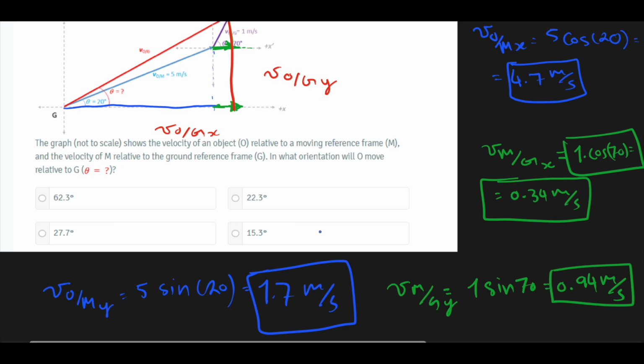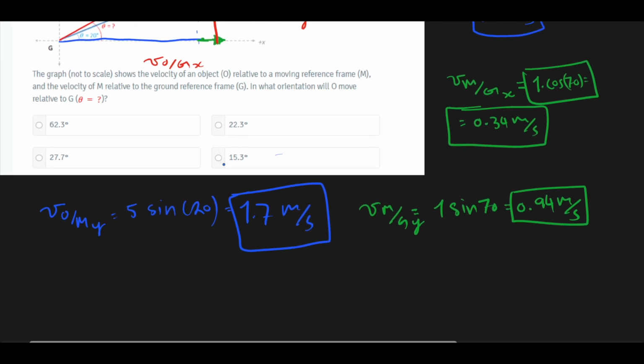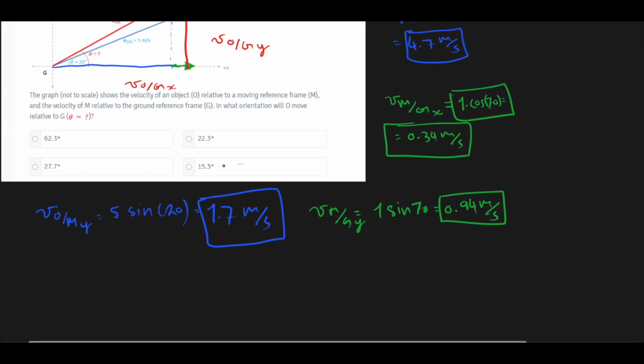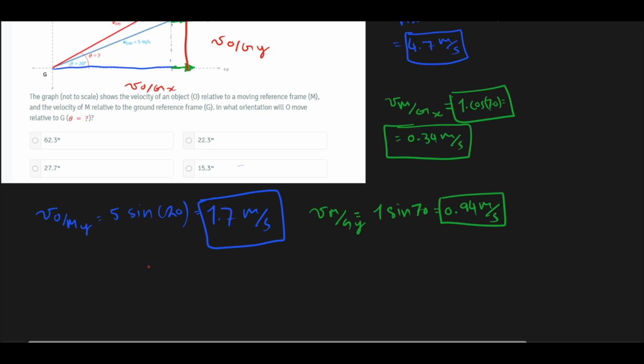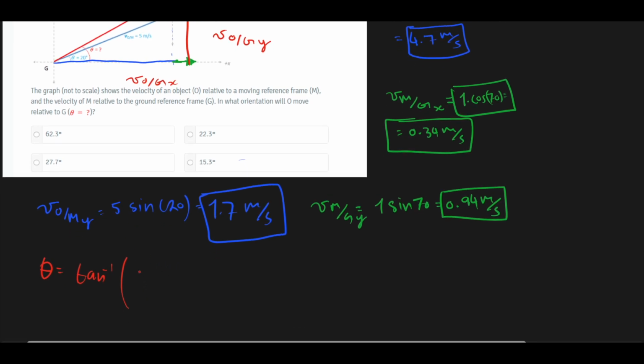Using these values, we can find the huge theta here. So theta, let's just give it a quick definition here. What is theta? Theta is equal to the inverse tan of VO with relation to GY divided by VO with relation to GX. And this is equal to the inverse tan of, what is VO with relation to GY?